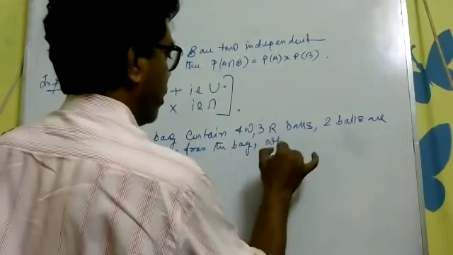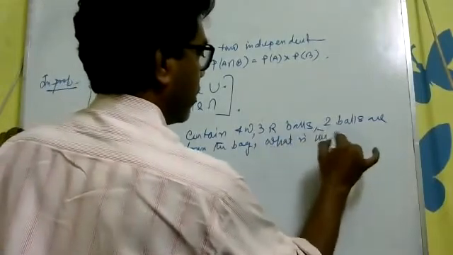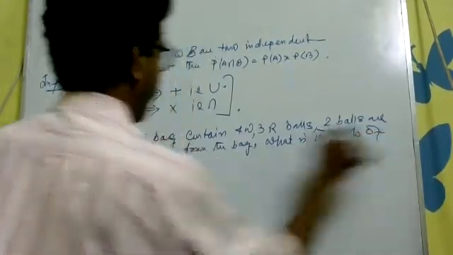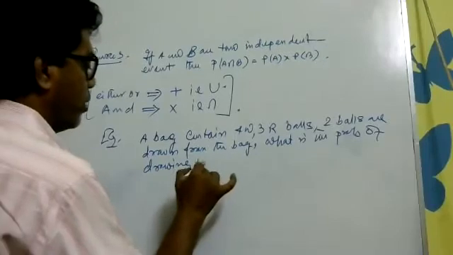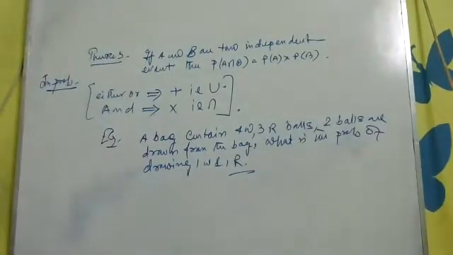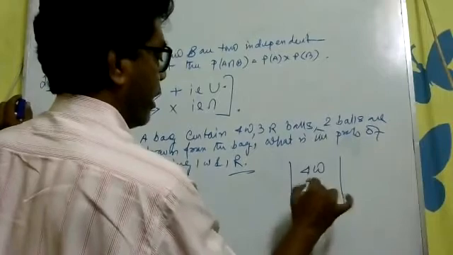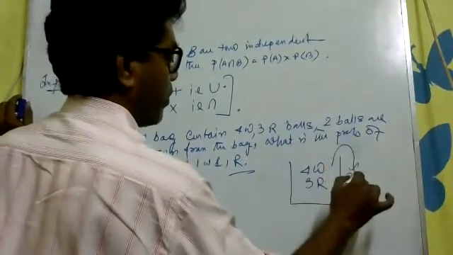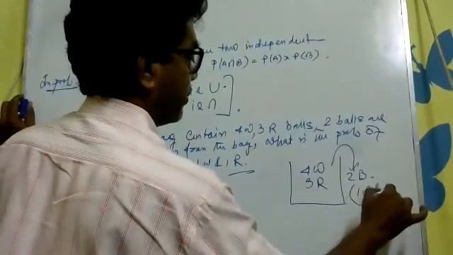What is the probability of drawing 1 white and 1 red? This bag contains 4 white, 3 red balls. A man is allowed to draw 2 balls from the bag. I have to find 1 white and 1 red.